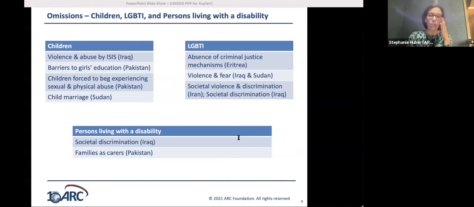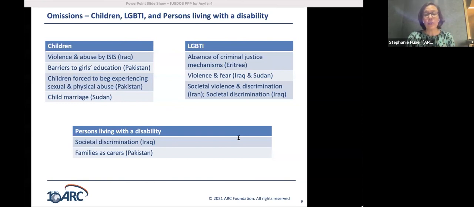The extent of child marriage in Sudan was also no longer referred to, as was, for example, the violence and fear experienced by LGBTI organizations and activists in Iraq, and the societal discrimination affecting LGBTI persons in Iran. And then also we noted that there was a societal discrimination faced by persons with disabilities in Iraq, which again was omitted from most reports.